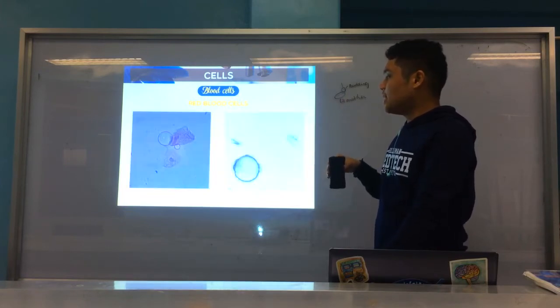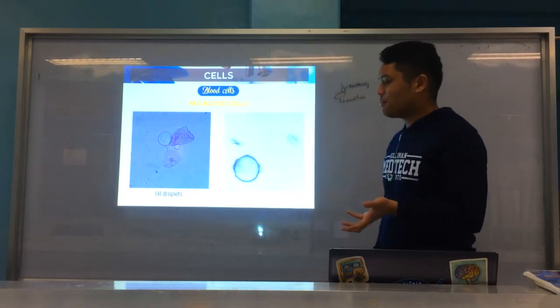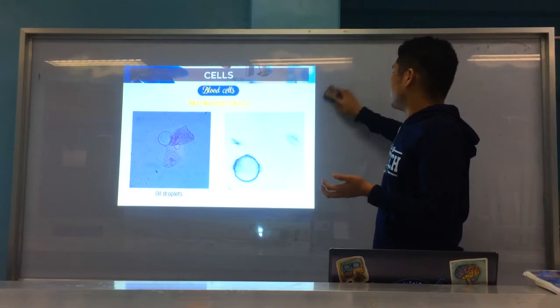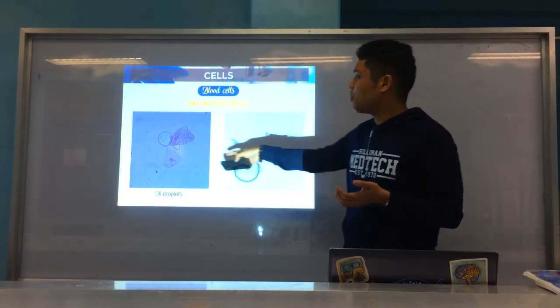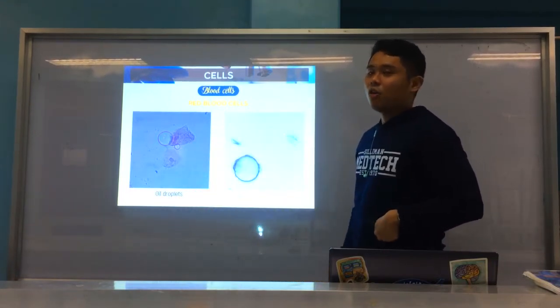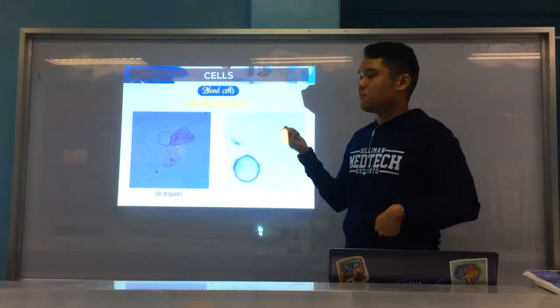Alright, and this is an oil droplet. As you can see, there is an RBC, but it's quite big in comparison. Sometimes you get confused, because some small oil droplets could really look like an RBC. So how do you differentiate? Your oil droplet is quite refractile.